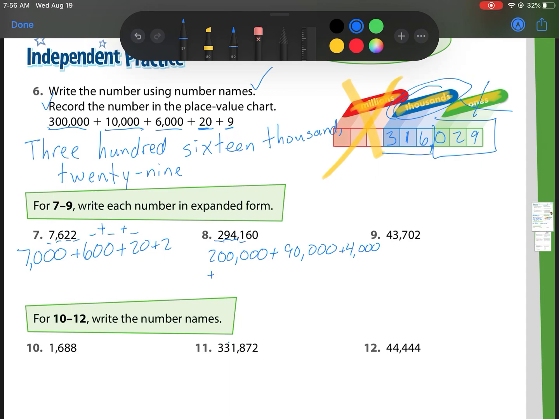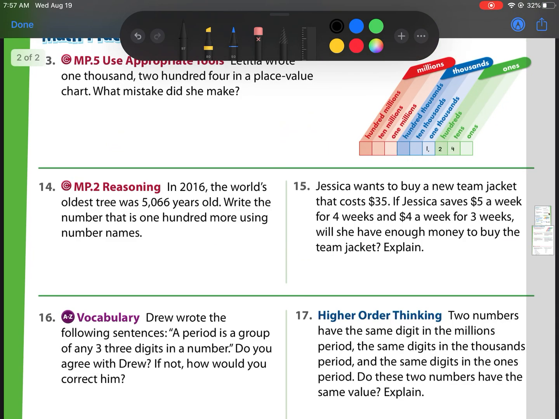And since I'm being crushed over into this side, I'm going to just bring it down here. Plus 100, plus 60. And then since this is a 0, I don't have to add that part if I don't want to. So now, on to number 9. I have this first place value, which is 40,000, broken up with that plus sign, plus 3,000, plus 700.